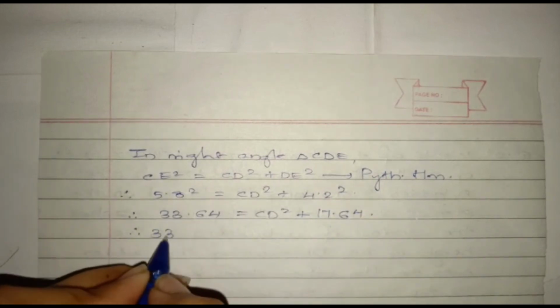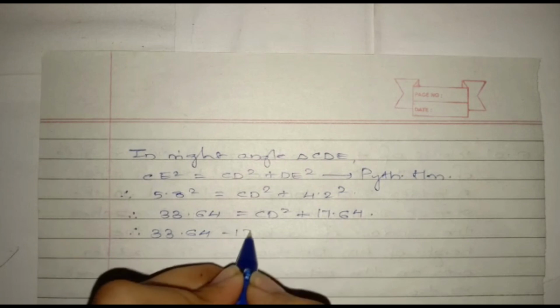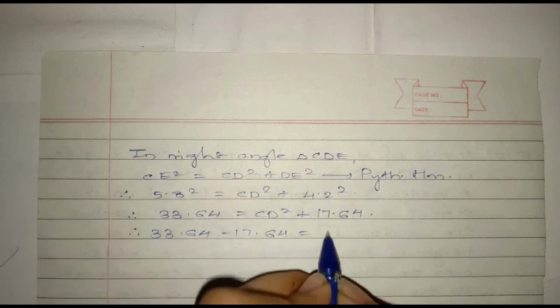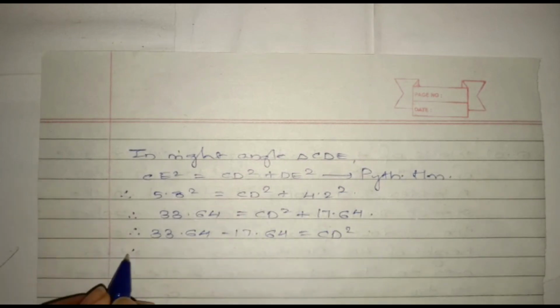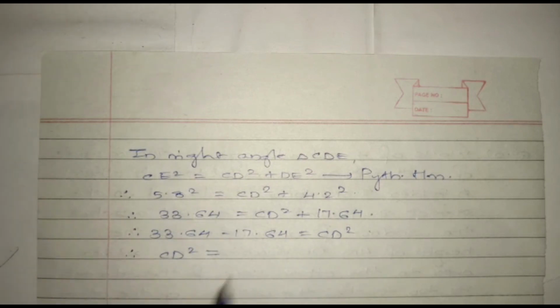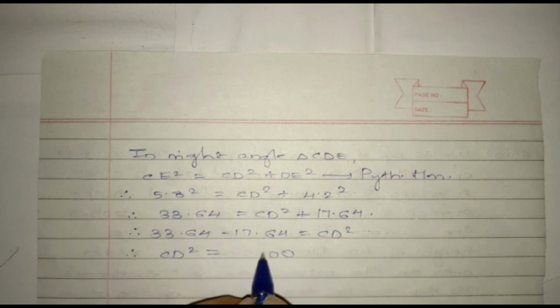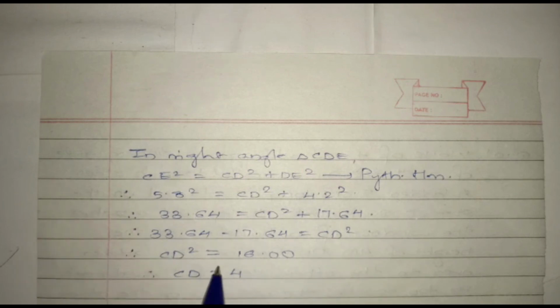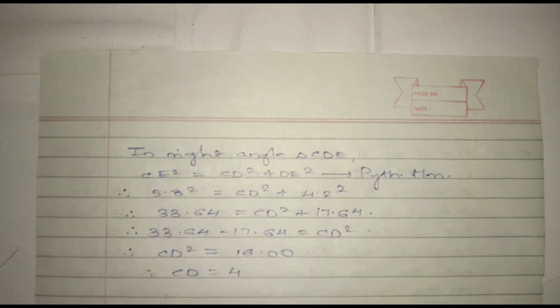Therefore 33.64 minus 17.64 is equal to CD square. So CD square is equal to 16. Taking the square root, the square root of 16 is 4, so we got CD as 4.